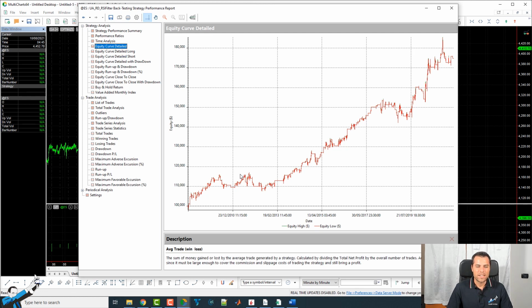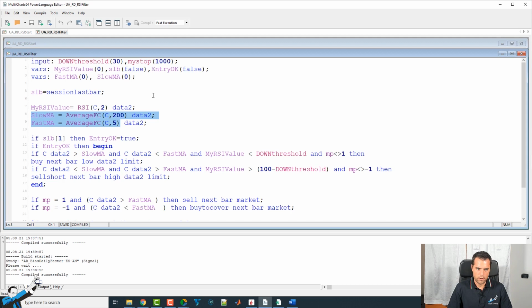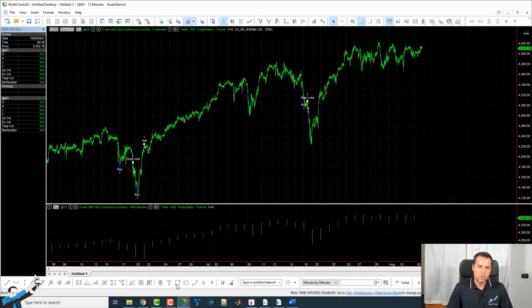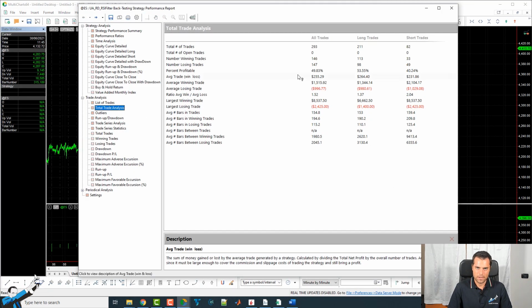And the reason why it is so beautiful is that we are using very few conditions. The strategy is in fact based on 2 moving averages and a limitation of the entries based on the RSI. And that's all. With these conditions, we get 300 trades with very interesting profits and an average trade that exceeds $250. I'd say that this is a really great strategy.